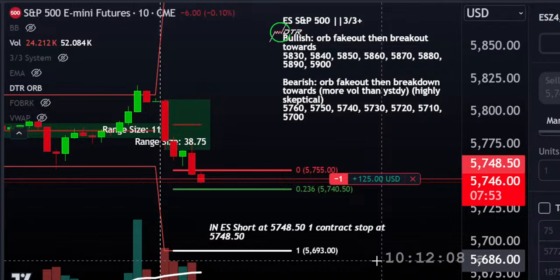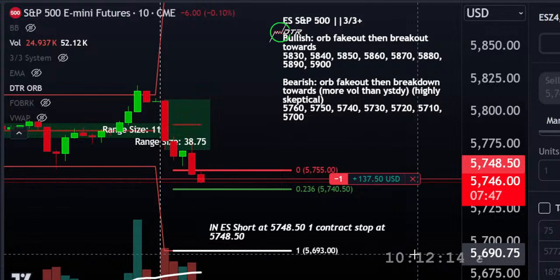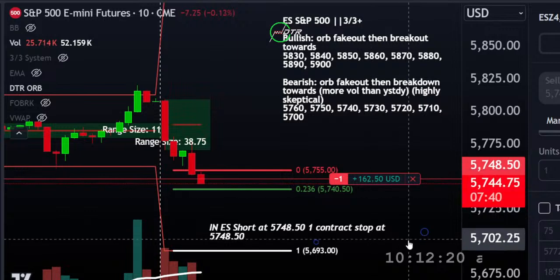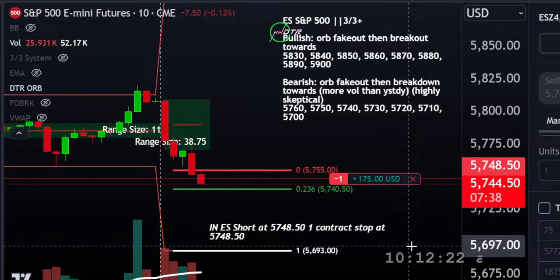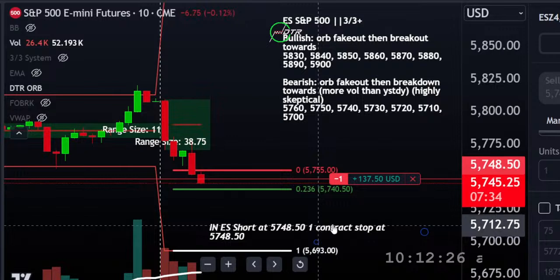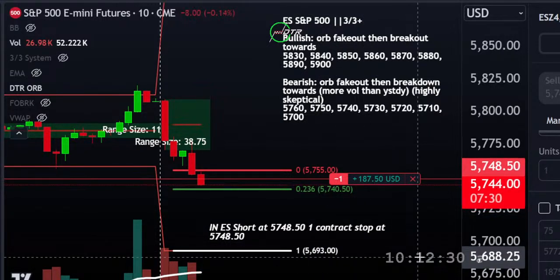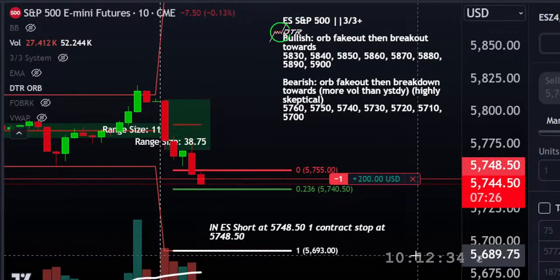And let's see if we can get some follow through here. So far, so good. Better reaction than that first trade. And you can see -1 means I'm short. And then there's my P&L as it's moving. So let's see if this thing's got some legs here for some nice continuation.